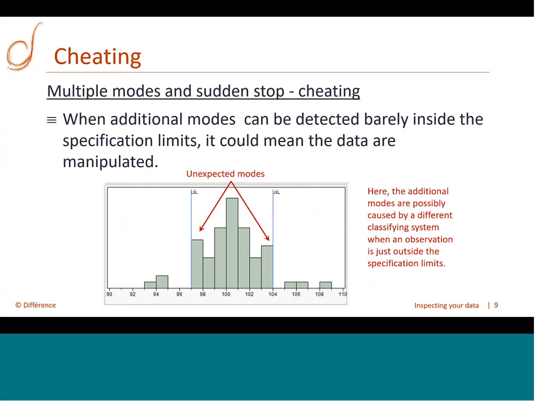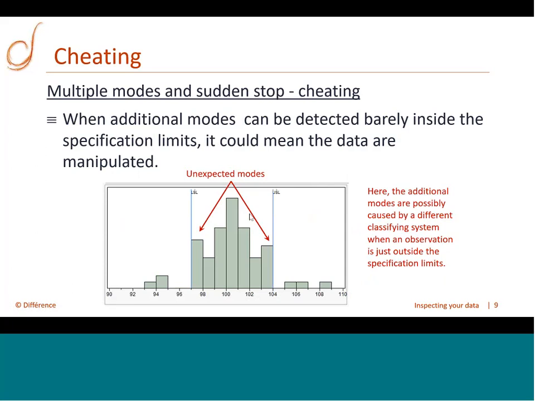On the next graph, what we see on the histogram is a little different, and it's the difference between what I call sorting and cheating. So what we see here, again, typically what we would expect to see the columns falling gradually on each side.